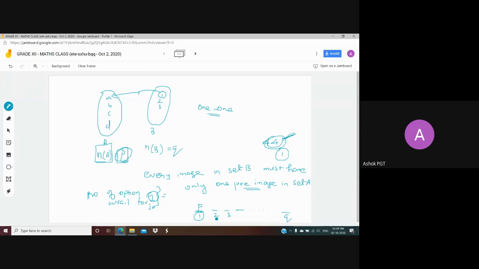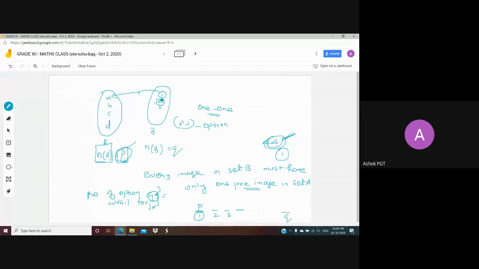Okay. Next, number 2 has to join with only one pre-image, but the options available in front of this 2 are P minus 1, because there were already P elements, out of which one element is connected with number 1, right? Now the remaining will be only P minus 1. Students, do you understand what I say? Yes, sir. Here we are talking about the options, not the exact value.